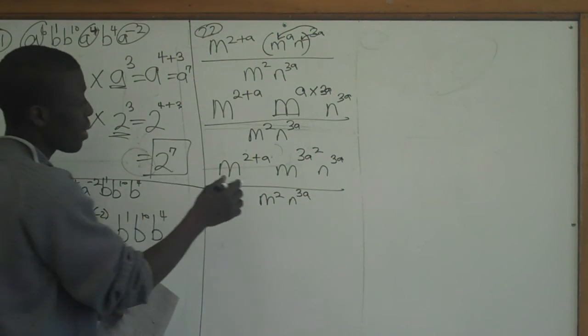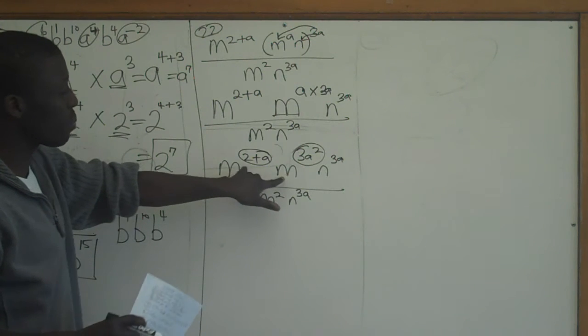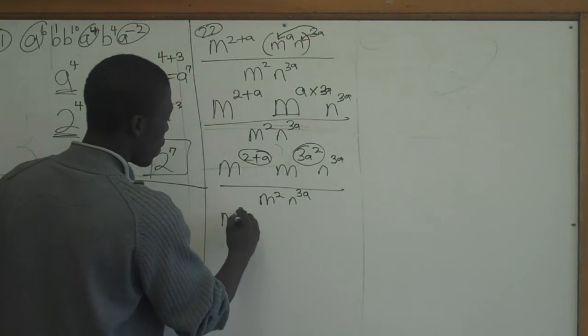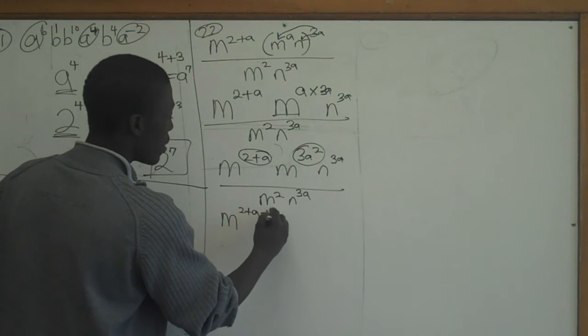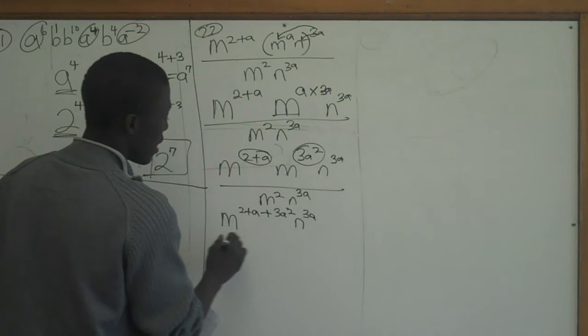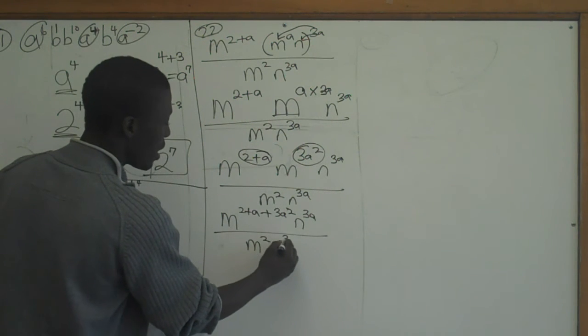According to the laws of indices, I'm allowed to add the exponents of the m because they both have the same base. And so m to the 2 plus a plus 3a squared, and then n to the 3a. That's the top. On the bottom it's m squared, and then n to the 3a.